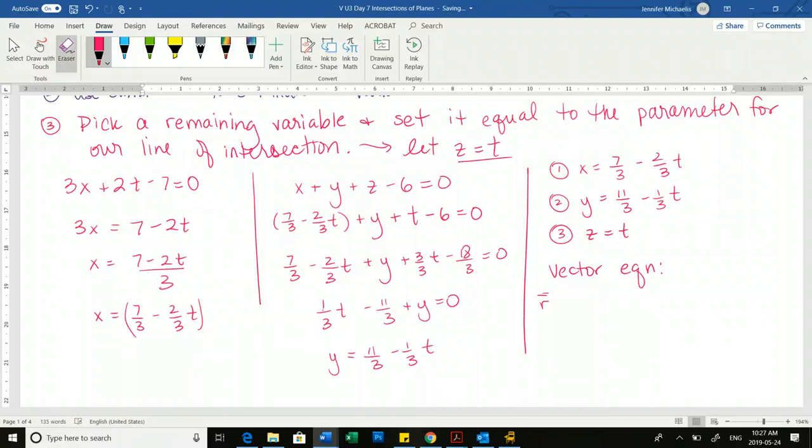We'll call it r. What's the position vector? Great. 7 over 3, 11 over 3, and 0. And the direction vector?